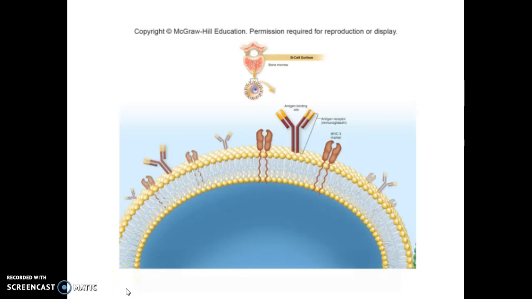All right, included on the B cell are these molecules called MHC class II molecules. MHC class II molecules are going to be found on antigen-presenting cells, which we'll talk about in section 3.